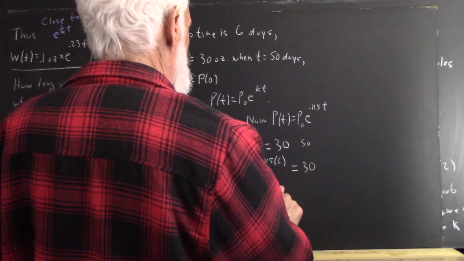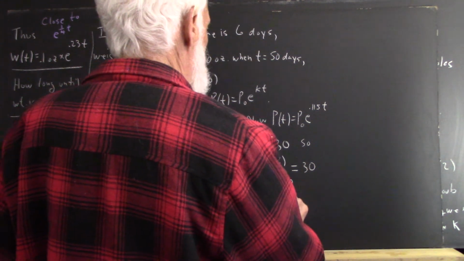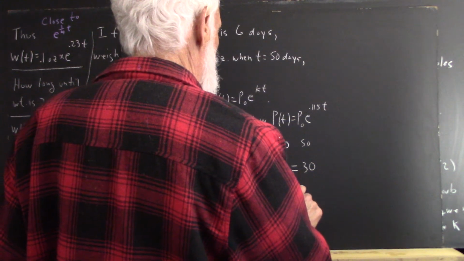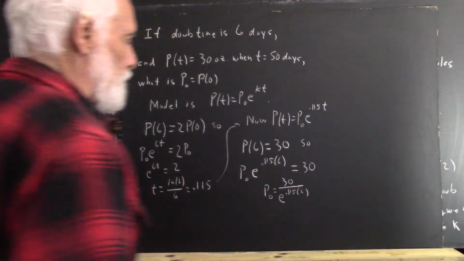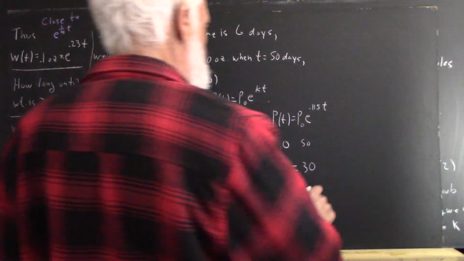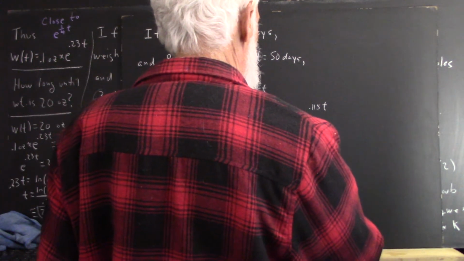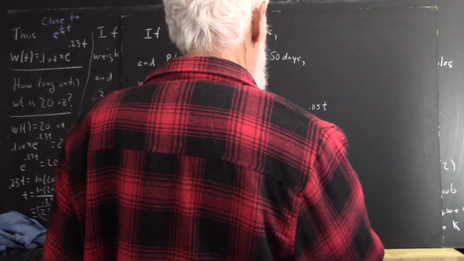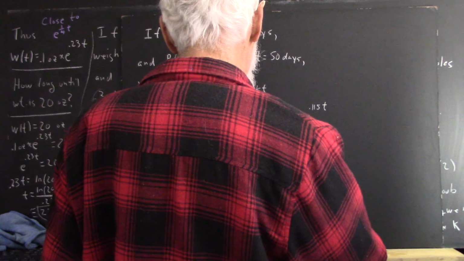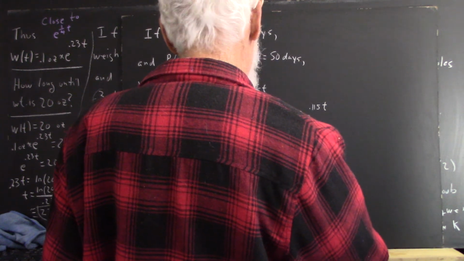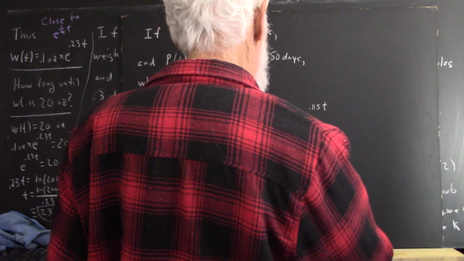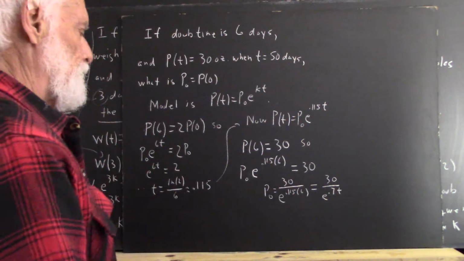So P naught equals 30 over e to the 0.115 times 6, which is 30 over e to the 0.7.